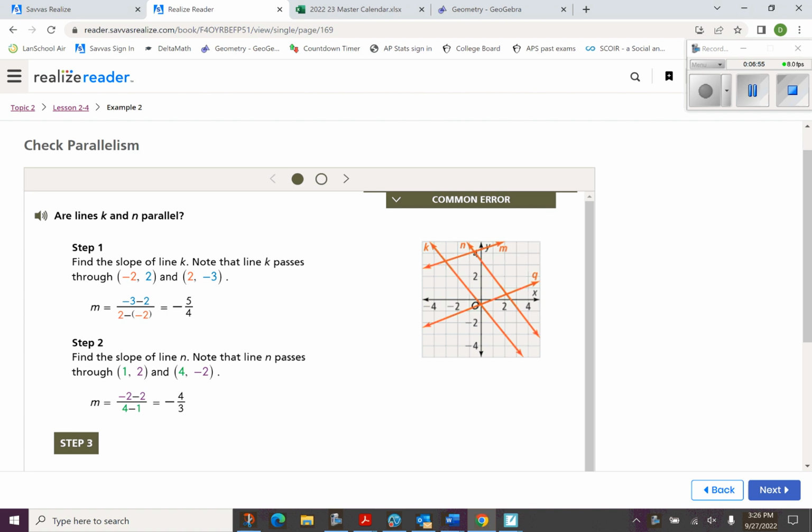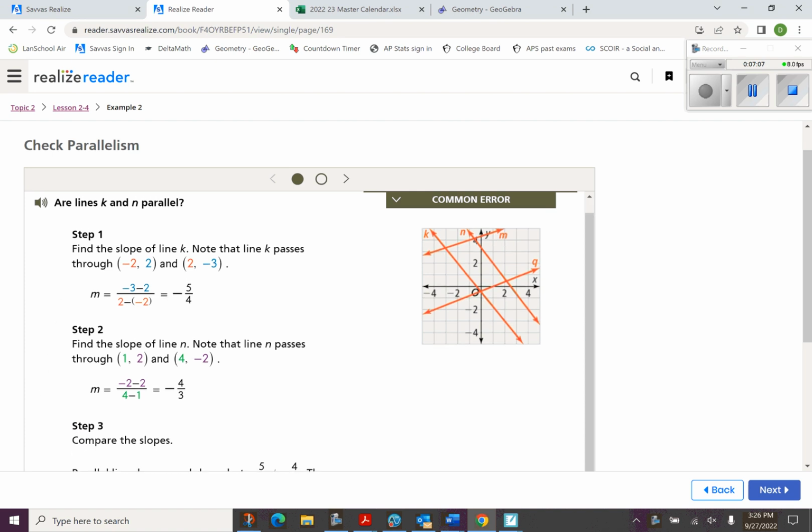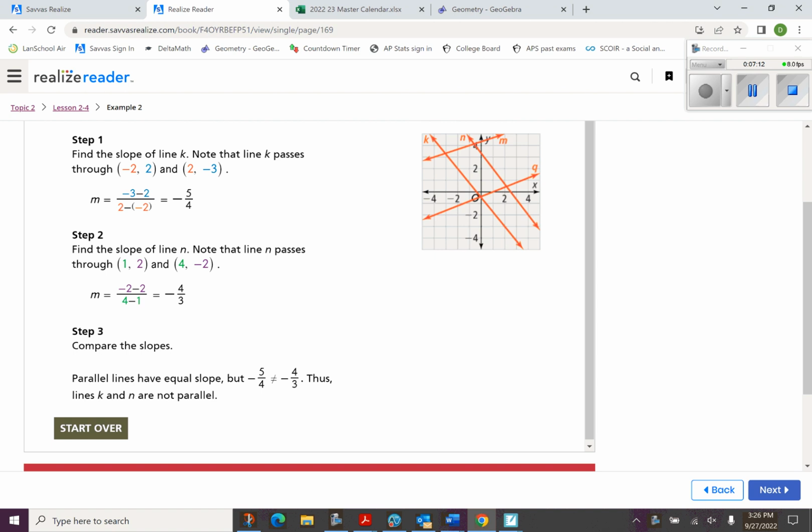So if we look at line K, the slope there will reduce down to -4/5. We look at line N, pick a couple of points there. That's -4/3. Oh, so close. But no, that really doesn't count. Two lines are parallel if their slopes are exactly equal. Okay.